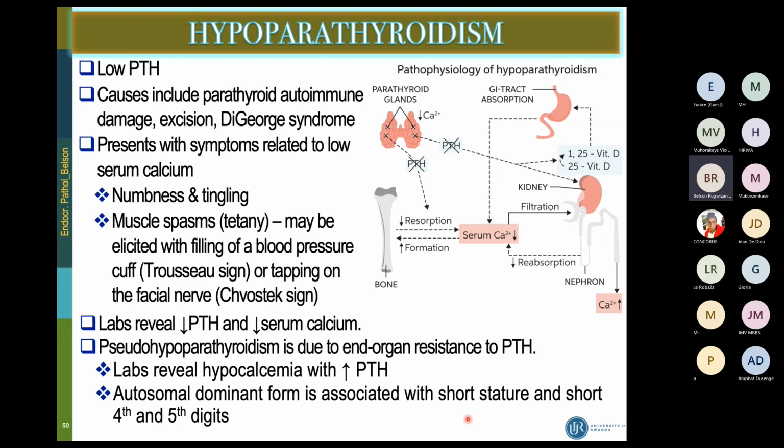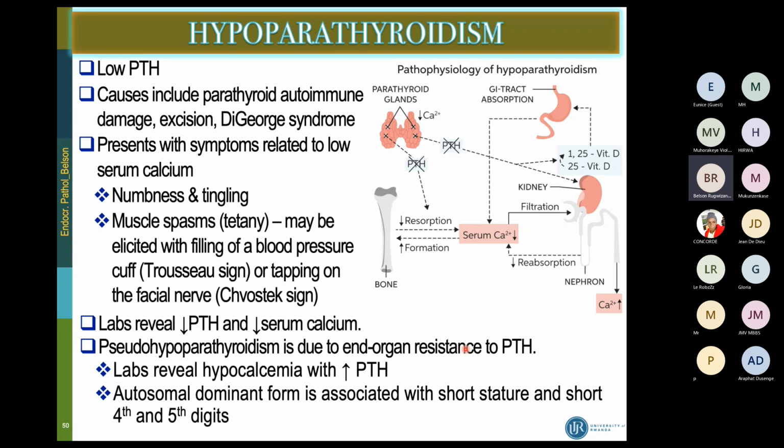So bone resorption will not happen. Calcium reabsorption at the kidney level will not take place, and the calcium absorption at the level of the intestine will not take place. This is what it means, end organ resistance to PTH.